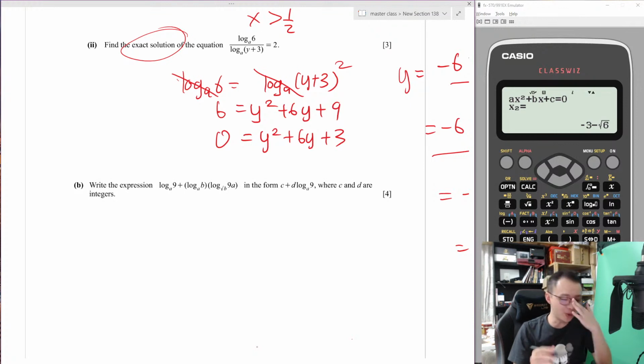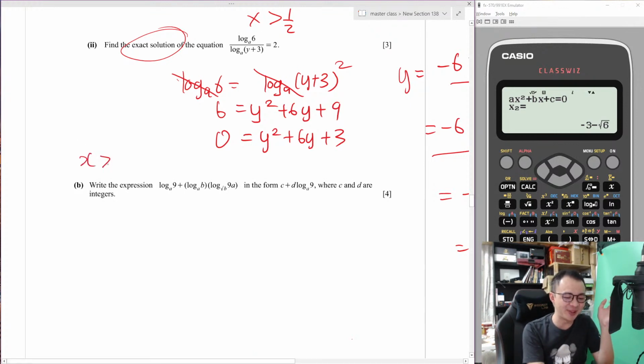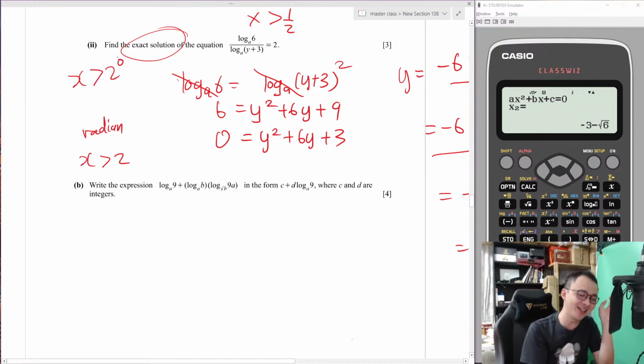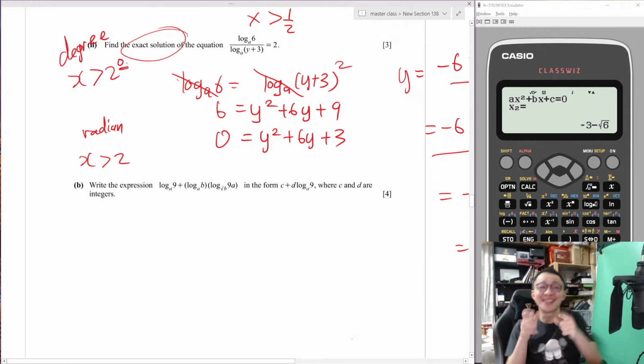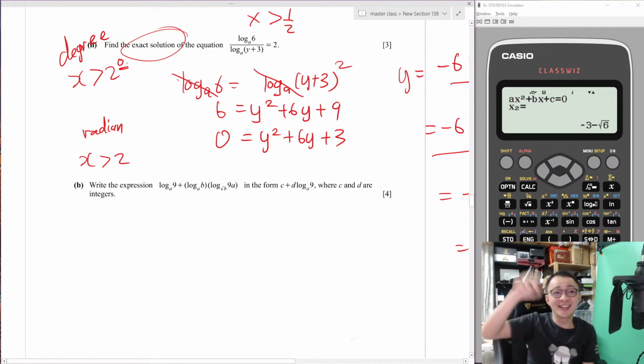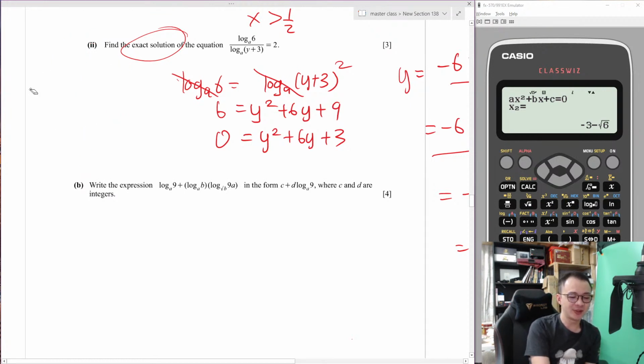If the question only writes a number like x must be bigger than 2, this one is in radian. If they say x must be bigger than 2 degrees, this one is in degrees. So use your eyes to see the sign. If you have the small circle there, it is degrees. If you don't see any sign here, it's in radian. Okay? So, yeah, please don't ask me again.